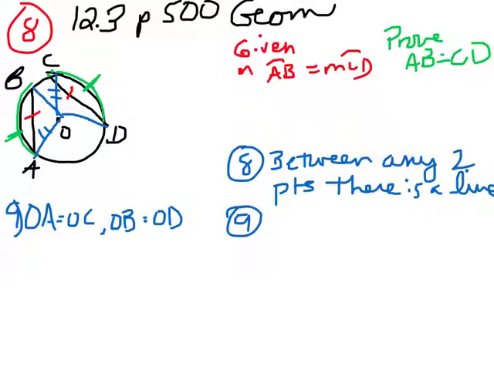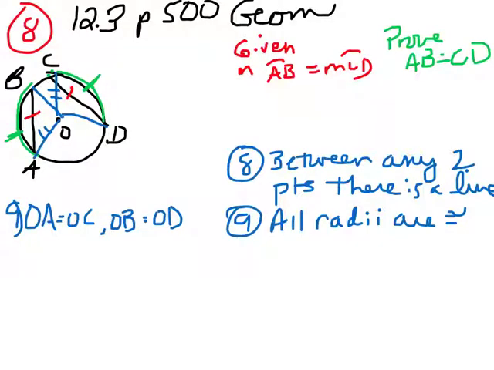They're telling me how they want me to match some stuff up for a triangle. What's the reason I can say these things are equal? What are OA, OB, OC, and OD? They're all radii of the circle. So you could just put all radii are congruent. If you want to really abbreviate it, you could just use some notation like that.